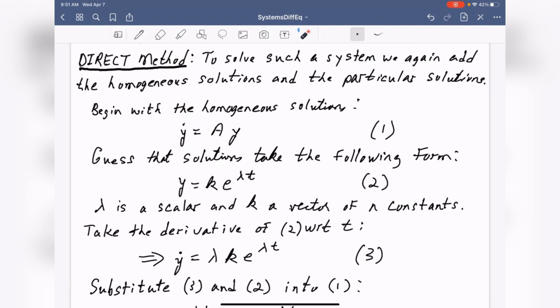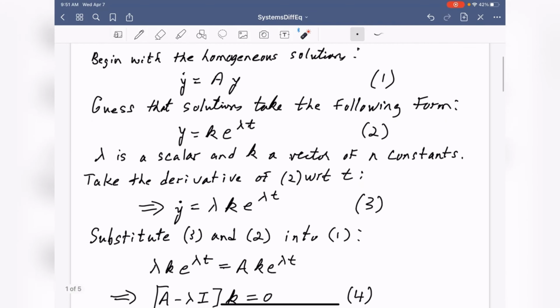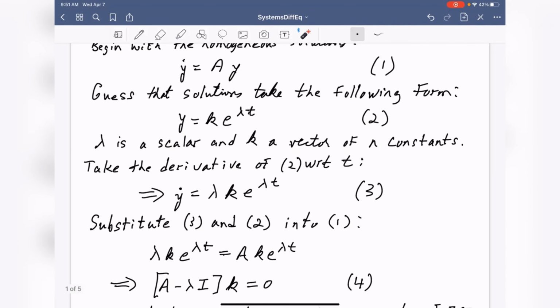We can guess that the solution has to take the following form. y is equal to k e to the power lambda t, where k is a vector of n constants and lambda is a scalar. Take the derivative of 2 and we get y dot is equal to lambda times k e to the lambda t.